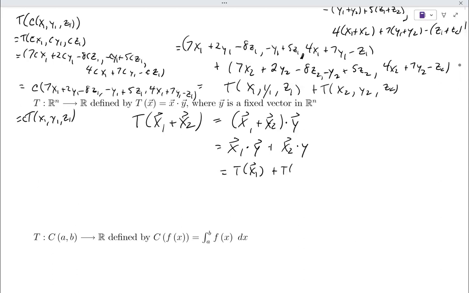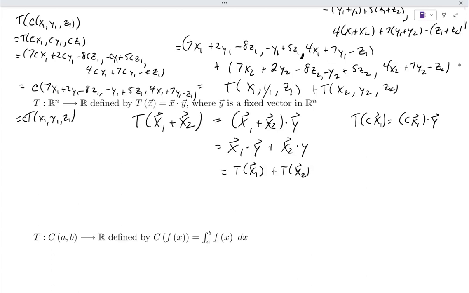And that's exactly how the transformation is defined. So notice that the reason why this first property is true is because we know that inner products, dot products distribute over sums.